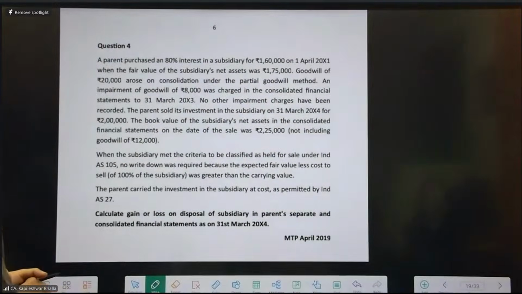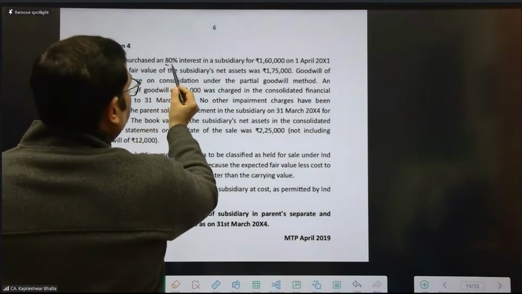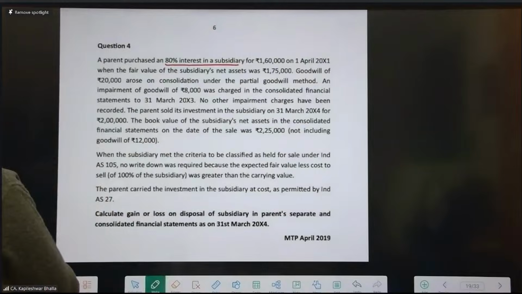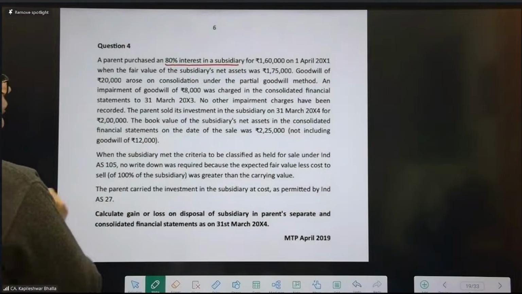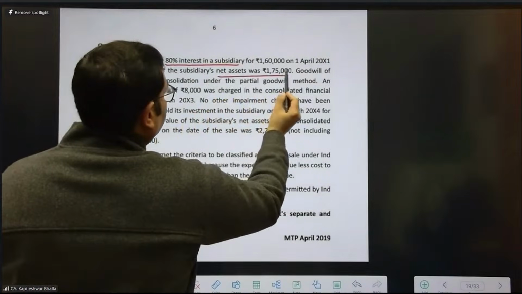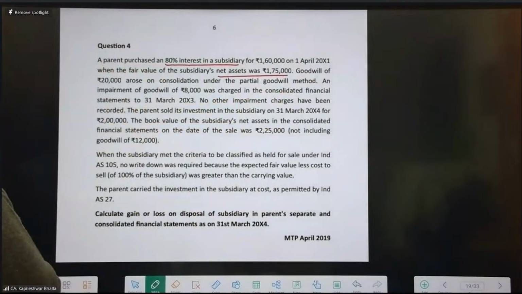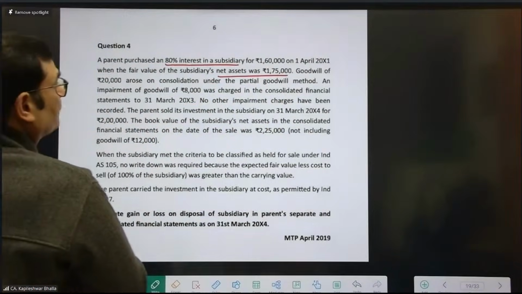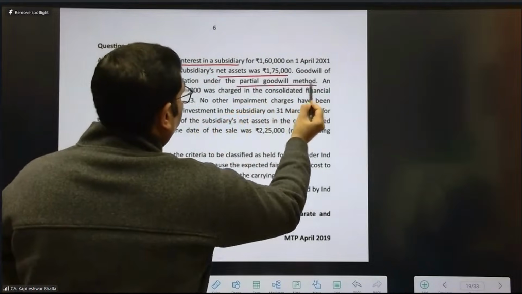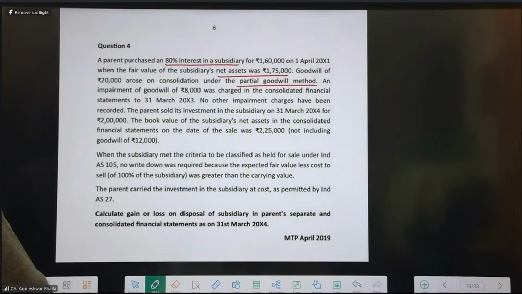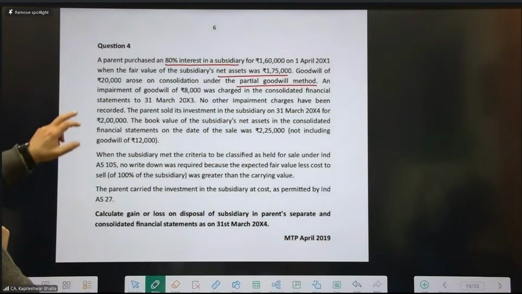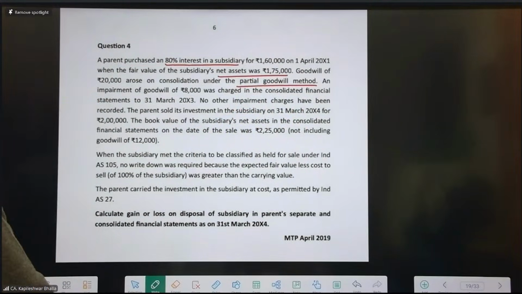Let's have a read. It says a parent purchased 80% interest in a subsidiary on 1st April X1 when the fair value of the net assets is given. Goodwill is 20,000 on account of consolidation, and that is partial goodwill. He's already given you the goodwill is 20, and that is partial goodwill in nature.